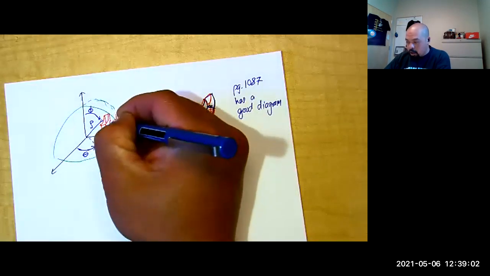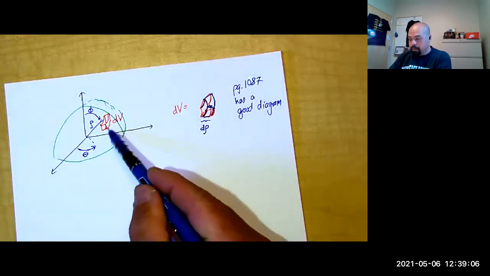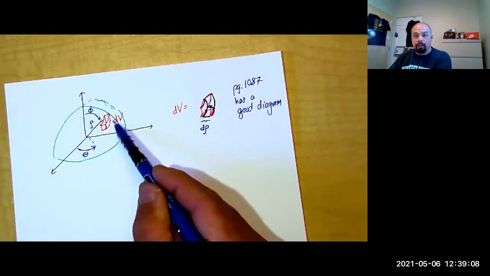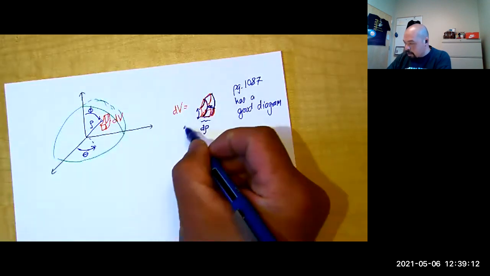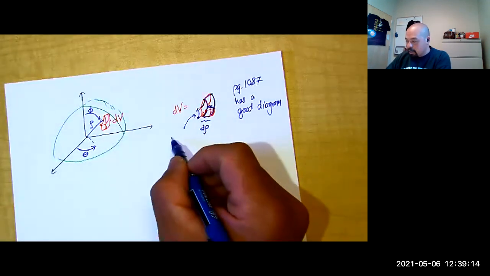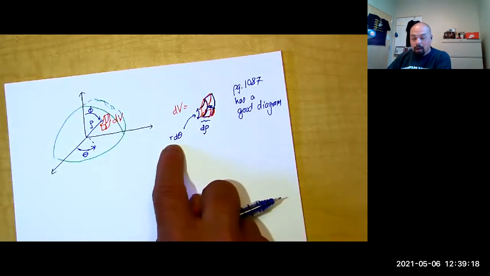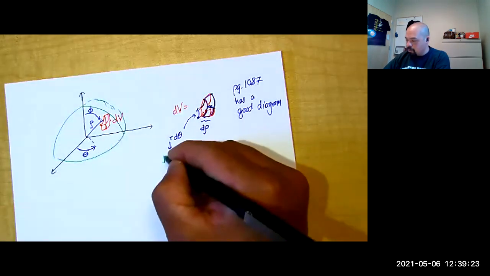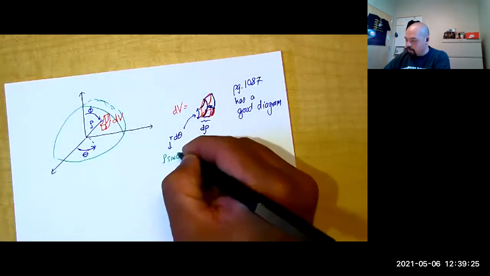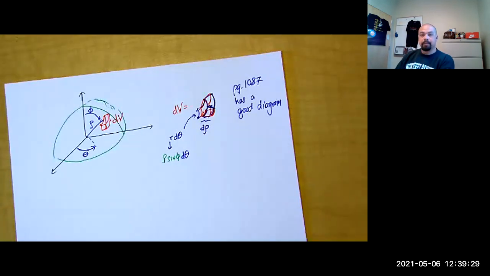Similarly, we had that kind of arc before with our cylindrical polar form. This little inner part, that's kind of like our r d theta, but we didn't have r. Remember what r was? r was rho sine phi d theta.